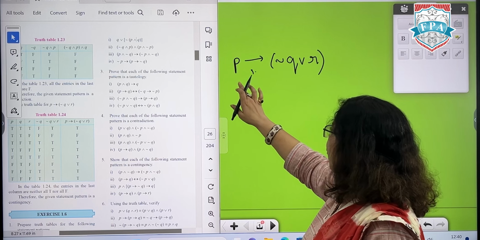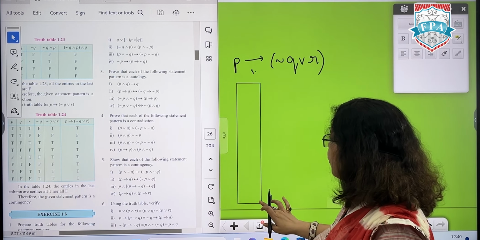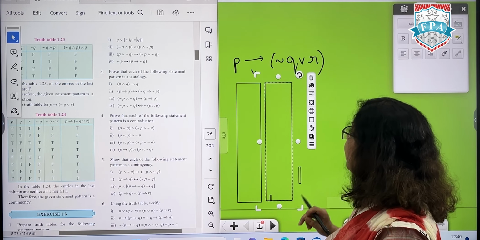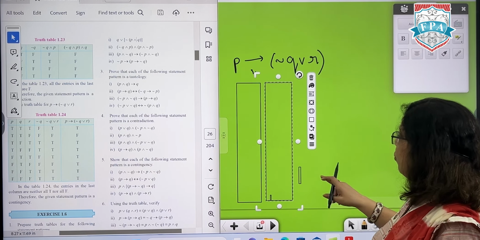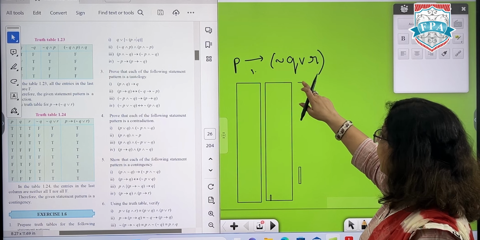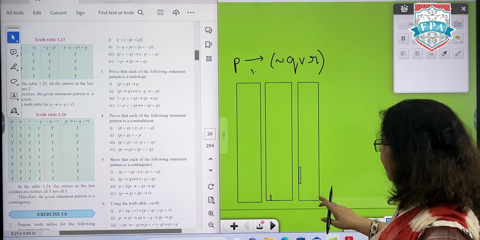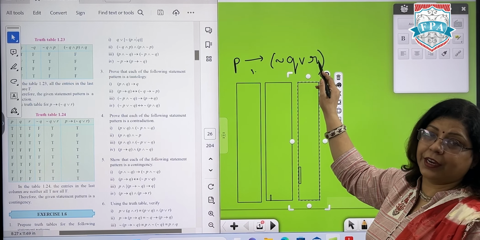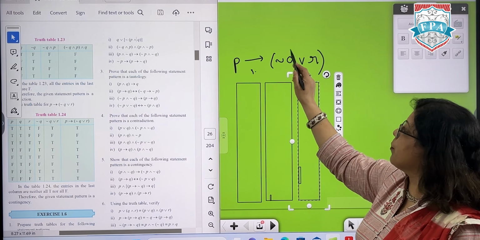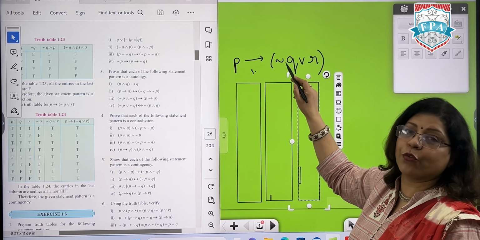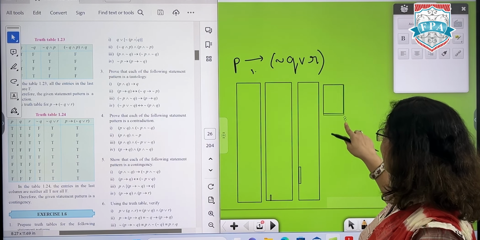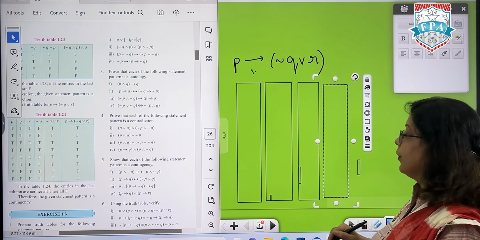So first we are going with first column, which will be P. Second will go with the second column, which will be Q. Third will be R. Once we get these 3 columns, अब हम लोग क्वेश्चन को डील करेंगे. तो यहाँ पे सबसे पहला सब पार्ट आ रहा है negation of Q. तो एक कॉलम हमें अब चाहिए for negation of Q. Okay?